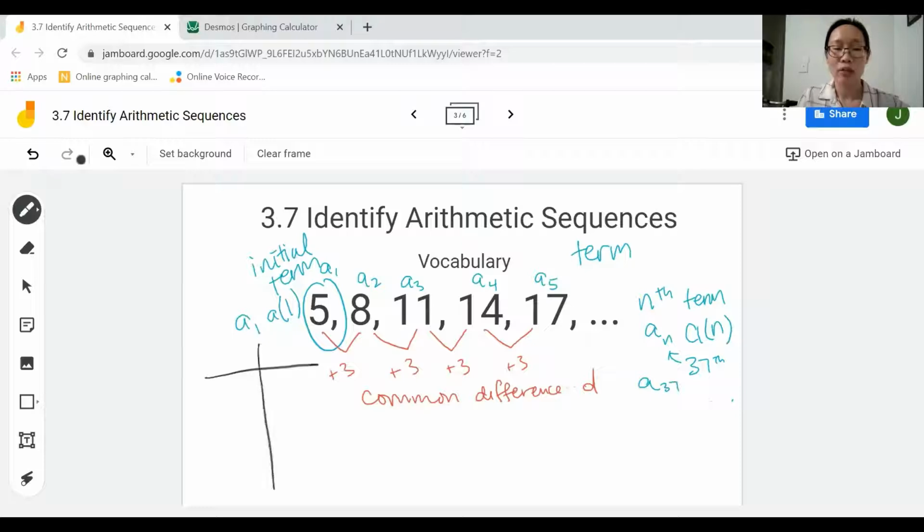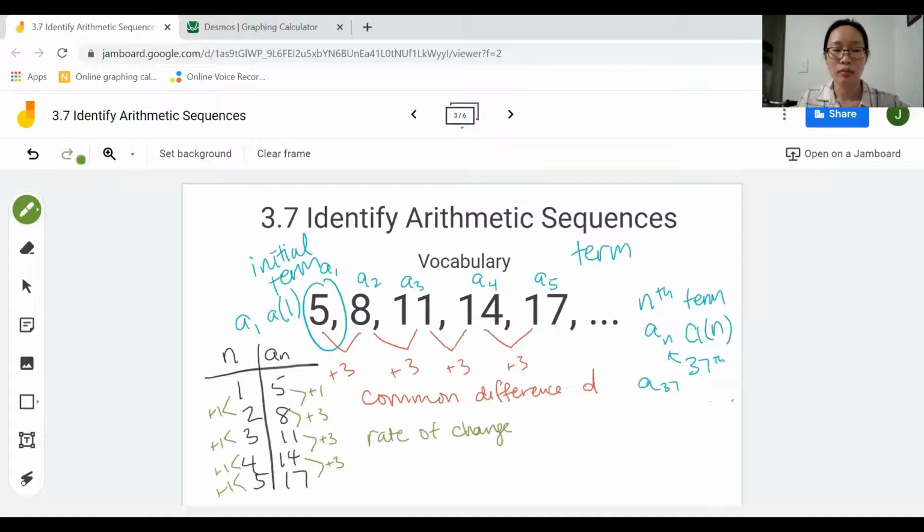If I draw a table and I have my n and my a sub n, so my first term is 5, my second term is 8, third term is 11, I can find the rate of change by looking at the changes in the y and the changes in the x's. My rate of change is the change in y over change in x. And at this point, it's 3 over 1, 3 over 1, 3 over 1, 3 over 1. And because all of my rates of change are the same, I know that this is a linear function.